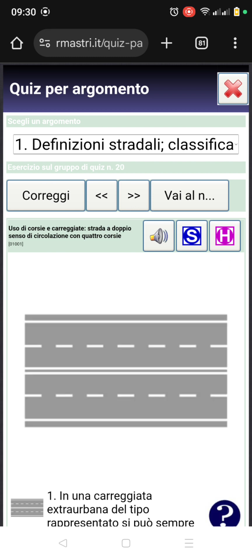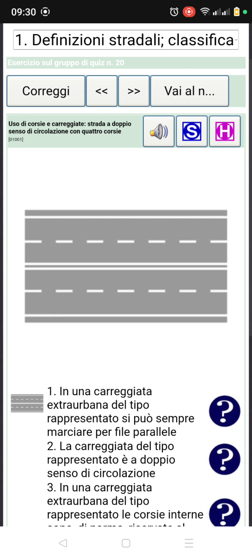So see what it is. Look at what they are trying to say. So this one, strada of doppio senso di circolazione. So with 4 lanes, if you see the double line in the middle of the carreggiata, just know that this very road is a two-way circulation, doppio senso di circolazione.